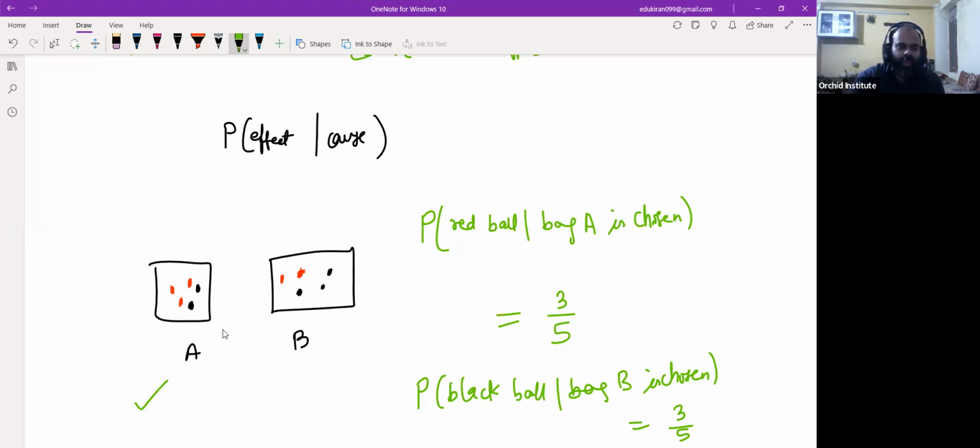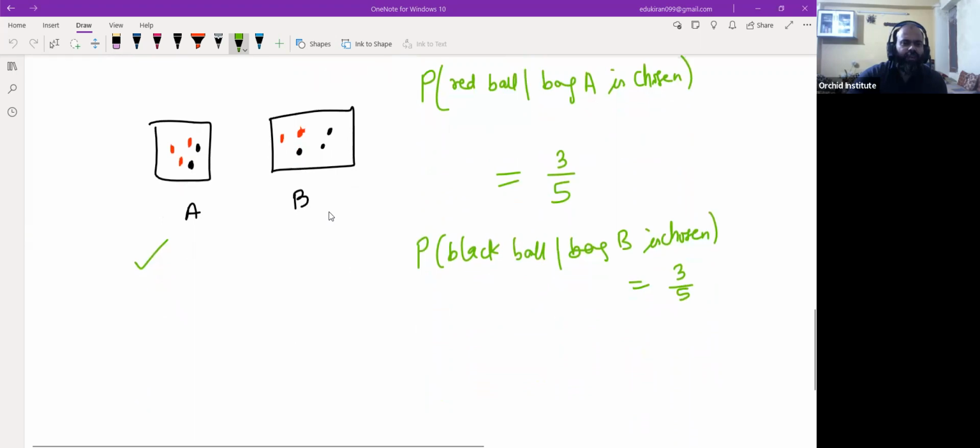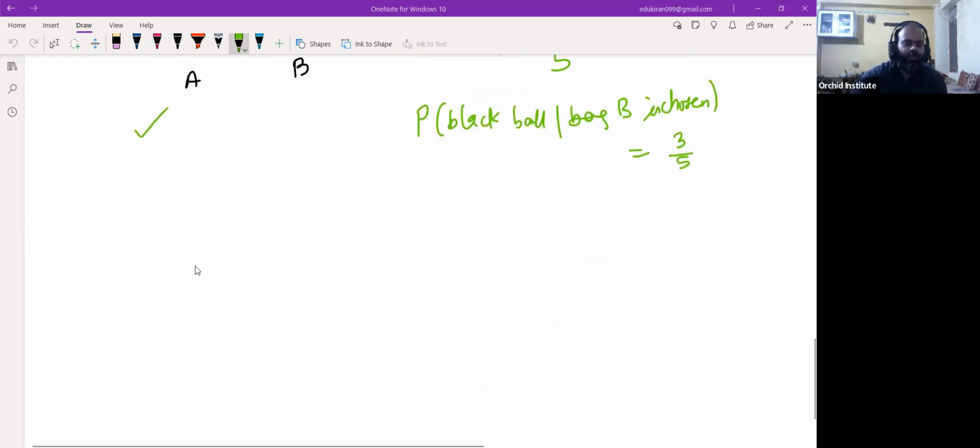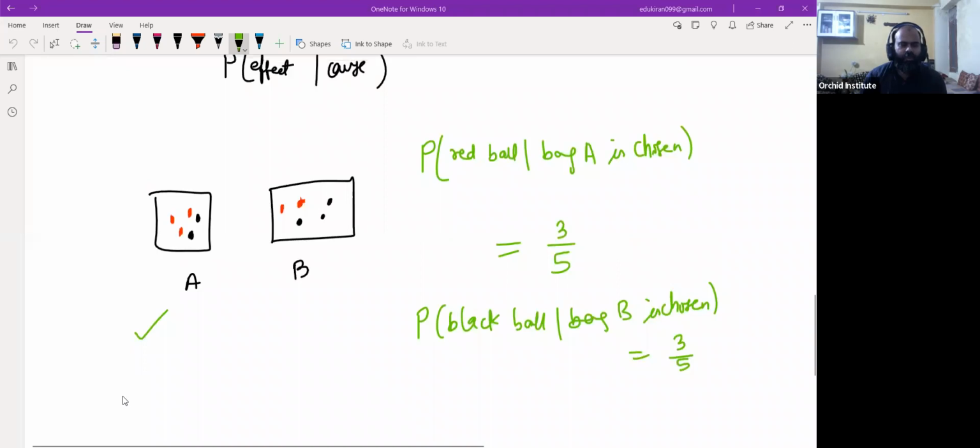So this is the concept: if cause is known to us, then we can find the effect. But the question is like this: what is the probability of telling that the bag was bag A if the ball that came is a red ball?